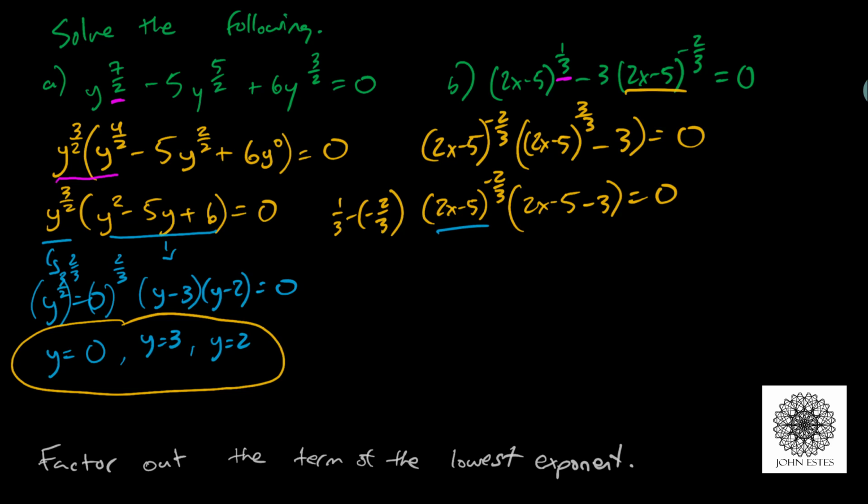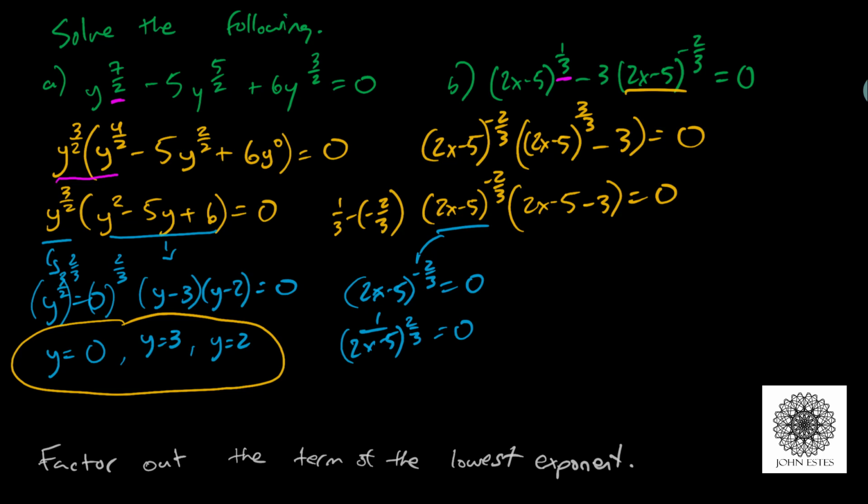Now on this first side, this is the tricky part. I have 2x minus 5 to the -2/3 power equals 0. You have to remember that the negative is a reciprocal. So this means 1 over 2x minus 5 to the 2/3 power equals 0.